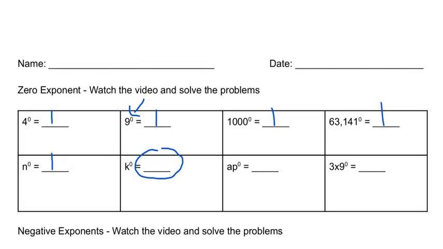Now the next one's tricky because you have an a here, right? But the a doesn't have a 0. So you see this a? It doesn't have anything here. So we have to assume it's the exponent of 1. So that leaves it a.